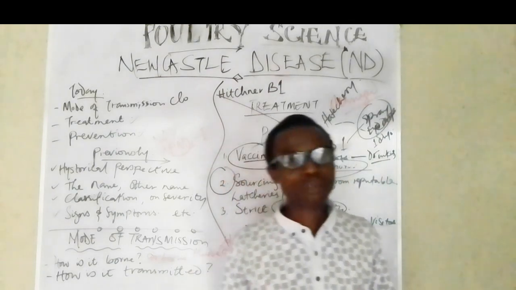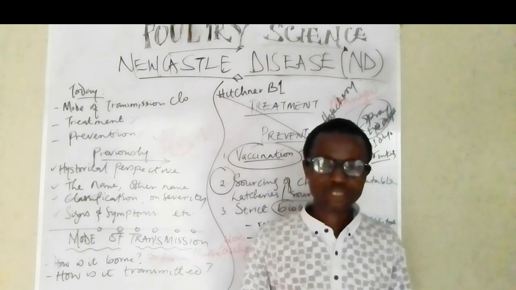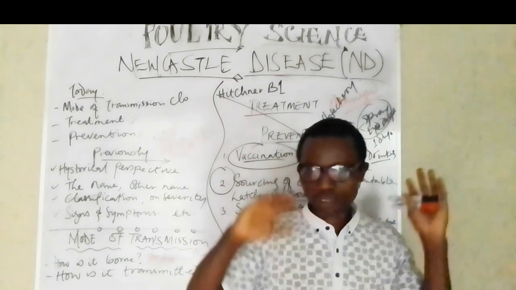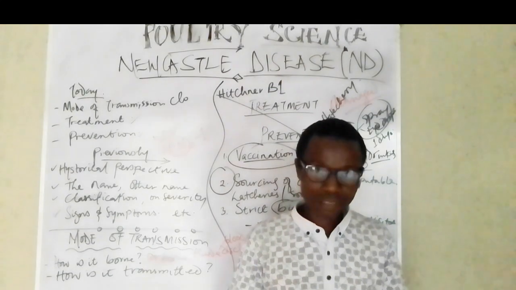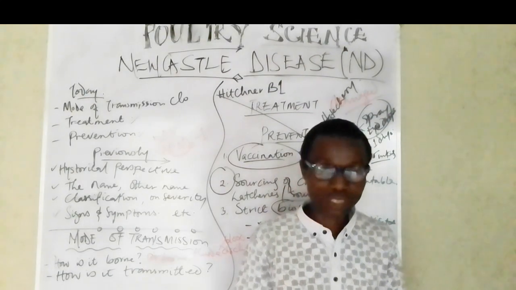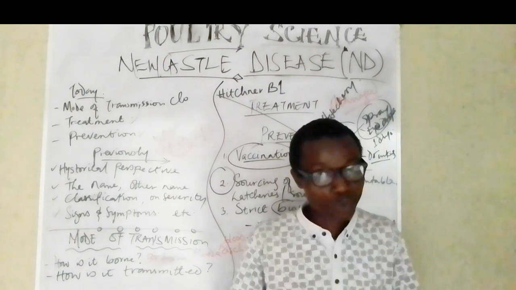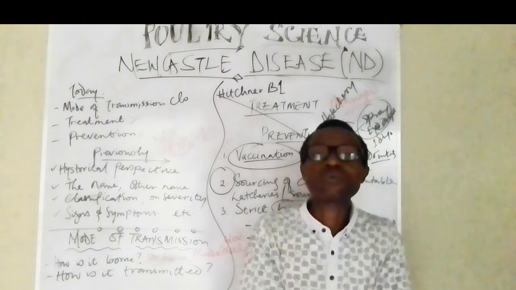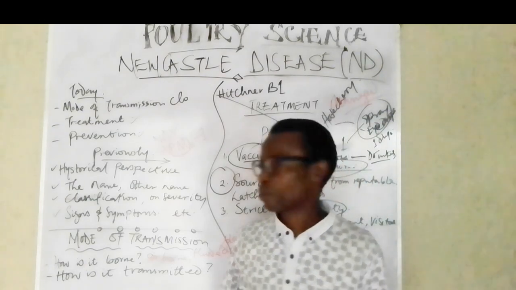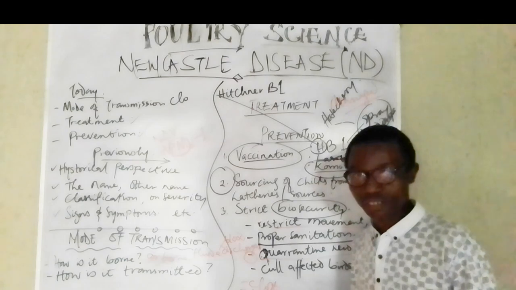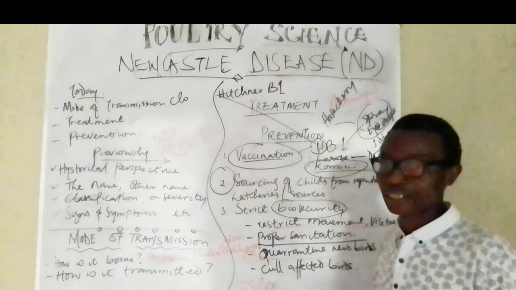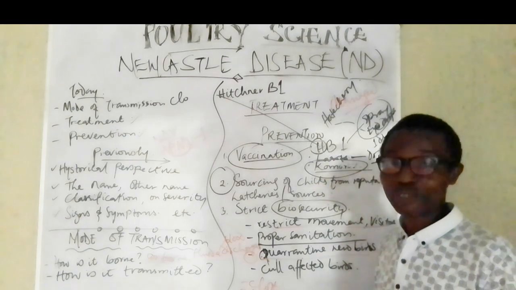People shouldn't walk into the pen with slippers or shoes that they've used all around. Dip them in the foot dip, so that you go in barefooted, or if you must wear your shoe, you must dip it inside the water and go in with it. So that is prevention. You take it seriously, otherwise death, you lose a lot of money. Will you not lose them?